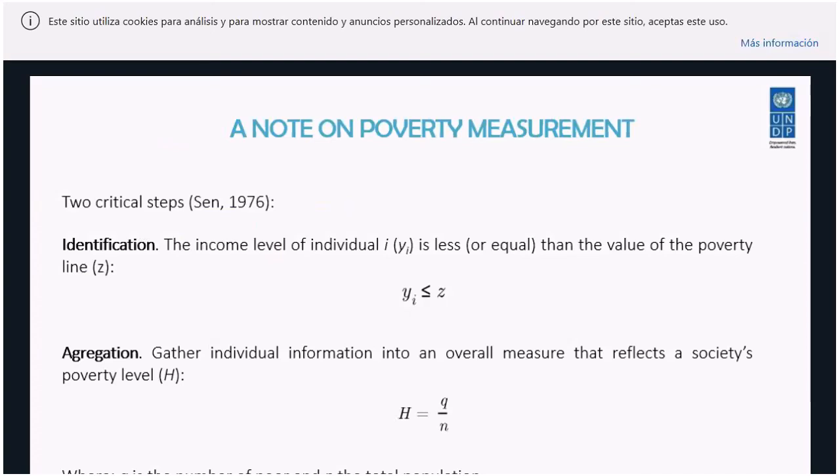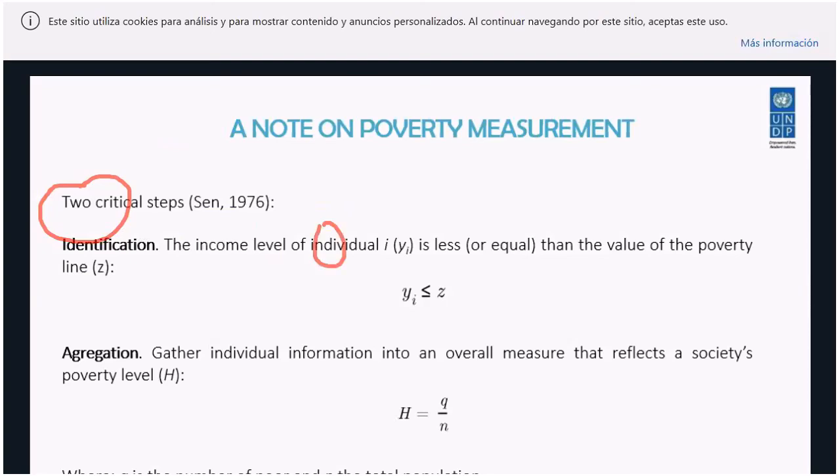So the identification stage deals with this. If you can notice, it is very simple. One individual is poor or non-poor, right? In that specific dimension.